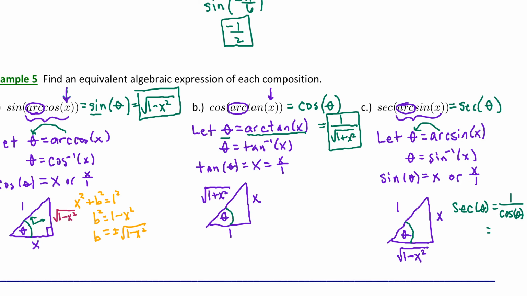Recall that cosine is CAH, or adjacent over hypotenuse. The adjacent side to theta has a length of square root of 1 minus x squared. The hypotenuse, of course, is 1, so we can leave that off, keeping our fraction nice and simple. So there you have it. Secant of theta is equal to 1 over the square root of 1 minus x squared.